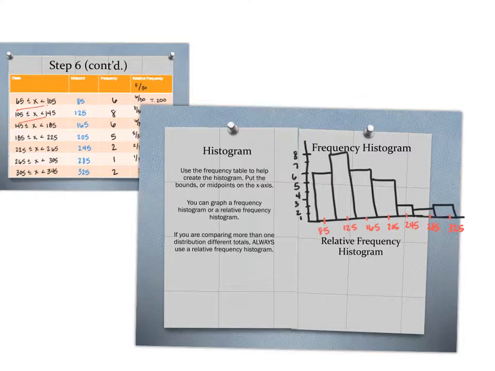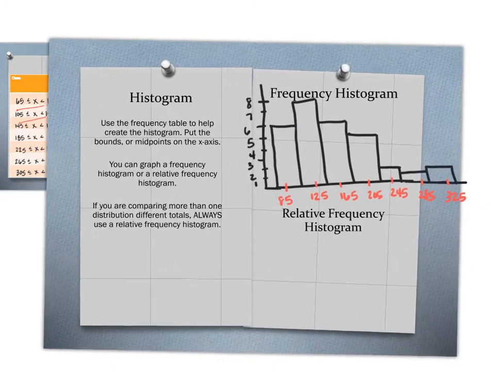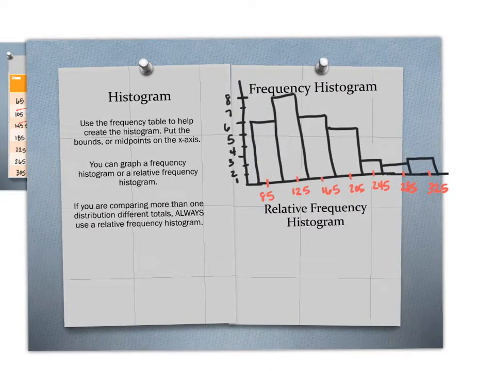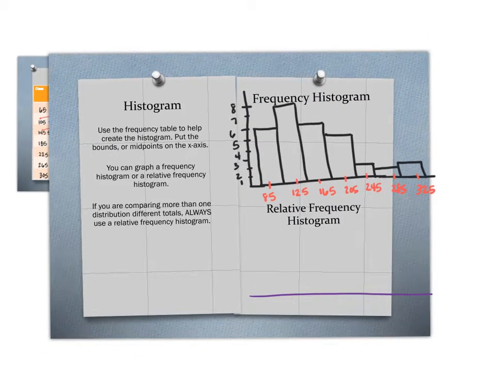We're going to create the relative frequency histogram, which works the exact same way, except we're going to change the scale for this graph. This time, instead of using class midpoints, I'm going to use the class bounds, which is another way to do this graph.